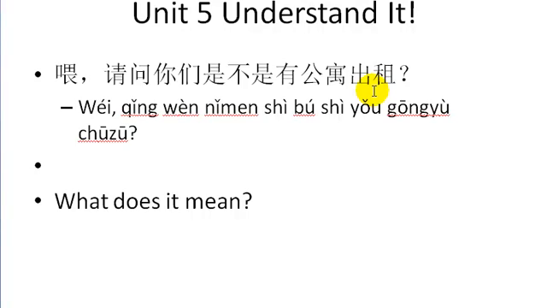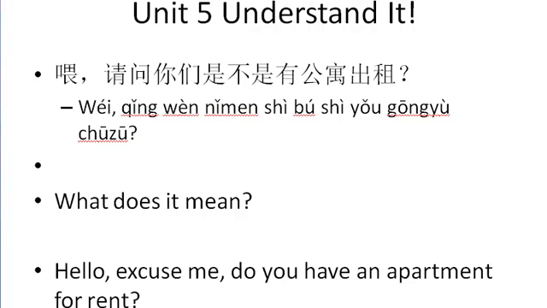Okay, now everything here should be familiar to you. So pause and write down what you think this means. I'll say it one more time. 喂，请问你们是不是有公寓出租? Pause and write down what you think this means. Okay. Hello, excuse me, do you have an apartment for rent?